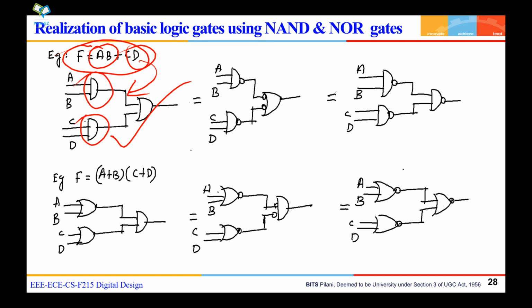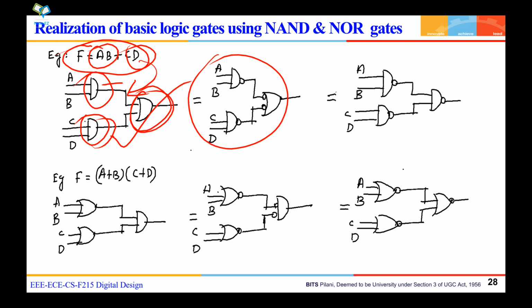You can implement this using a NAND gate, and this also you can implement using a NAND gate. How to do that? The easiest way is to replace this with the NAND gate, replace this with the NAND gate, and replace this also with the NAND gate. And in between you will get some redundant gates which can be removed, and you can simplify that to an optimum number of gates using that method, right?